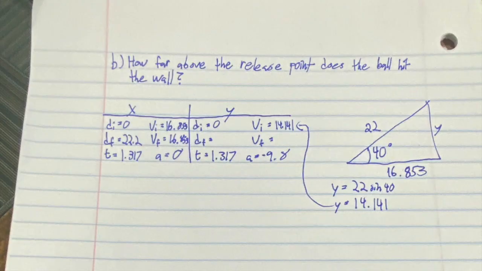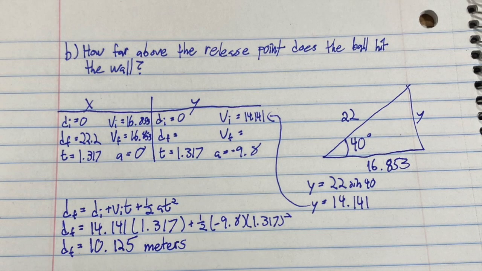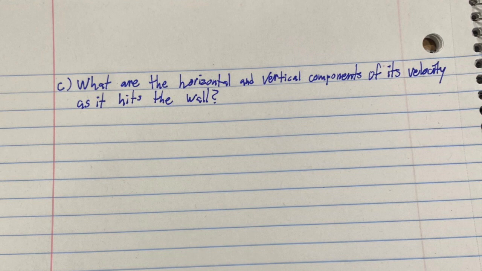By creating another triangle, we are able to find that the vertical component of the initial velocity is equal to 14.141. Using the same equation we used before, we find that the ball hits the wall 10.125 meters above the release point.